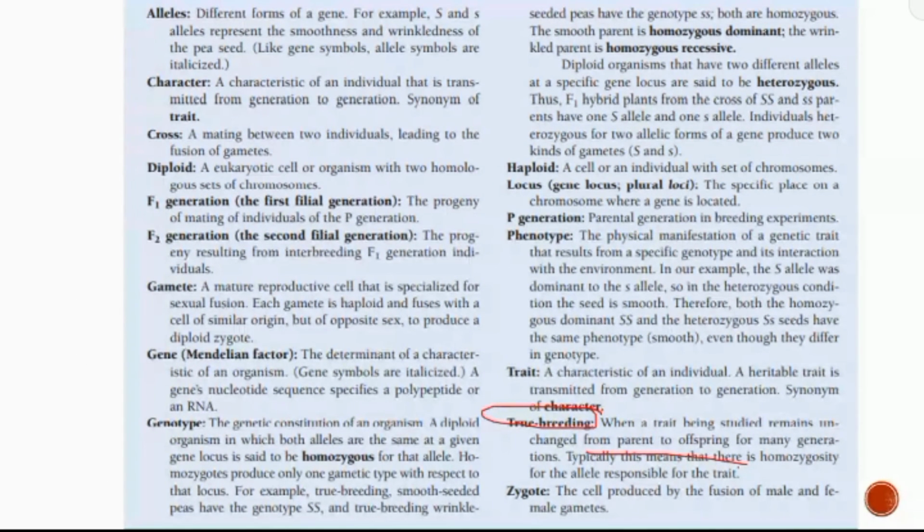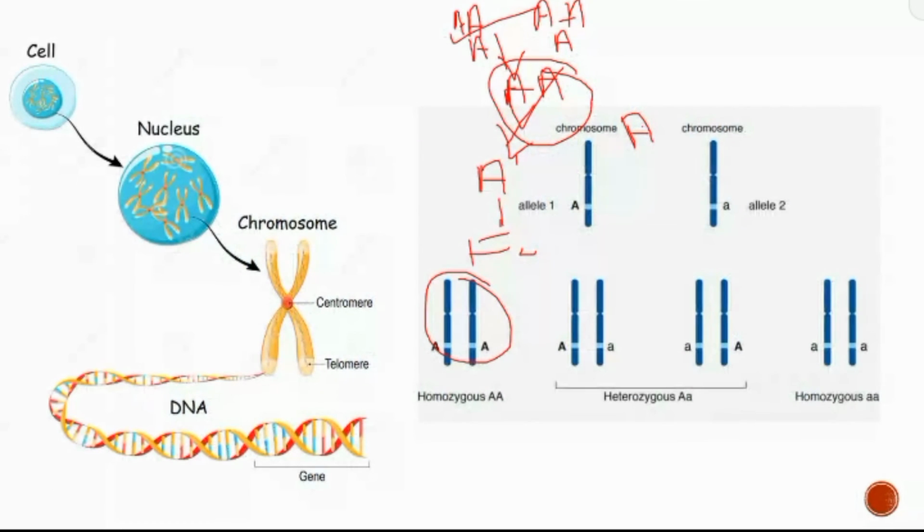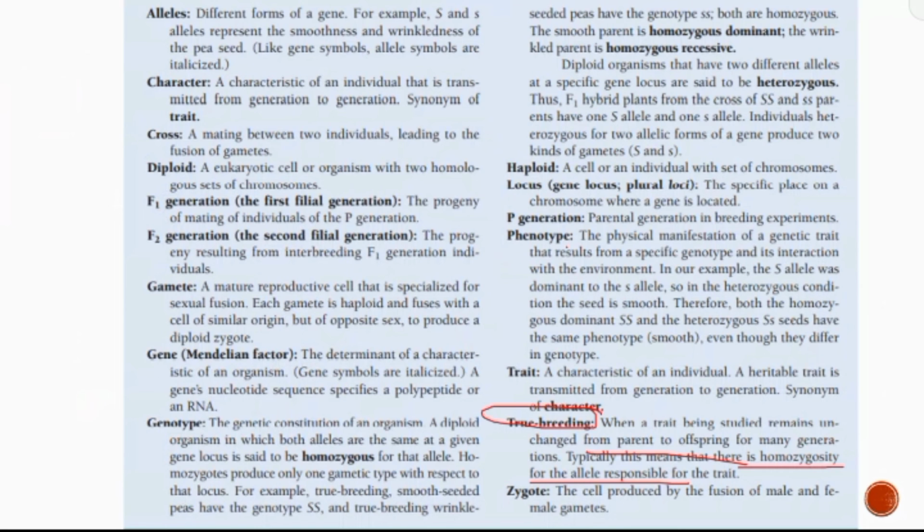Typically, this means there is homozygosity for the alleles responsible for that character. Because of this, the offspring produced in every generation are homozygous and have the same characteristics their parents had. They will be called true breeding.